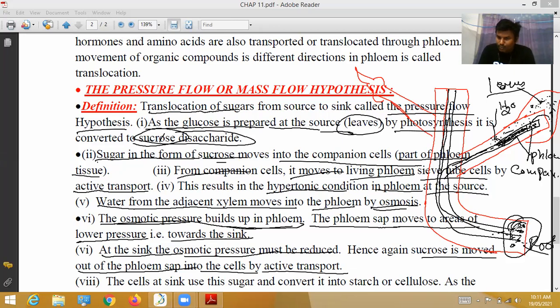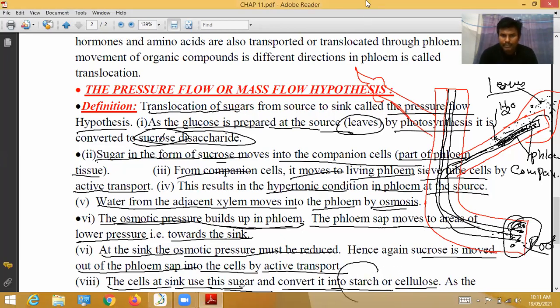Next, the cells at the sink, in the root area, use this sugar and convert it into starch or cellulose. Okay, that's all.